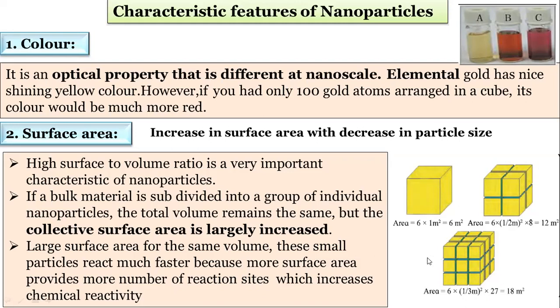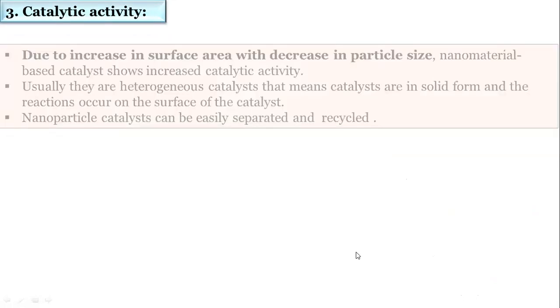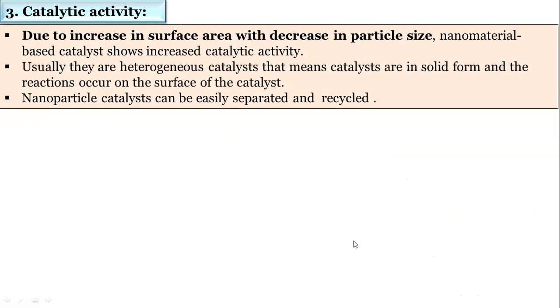And this property of surface area is used in catalytic activity. We will see in detail what happens in catalytic activity, because many times a question will be asked on this: explain the catalytic activity of nano catalyst.